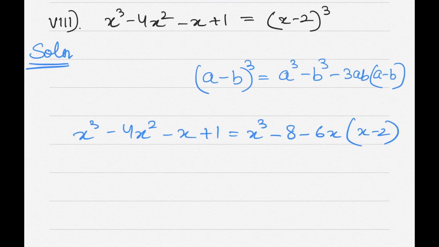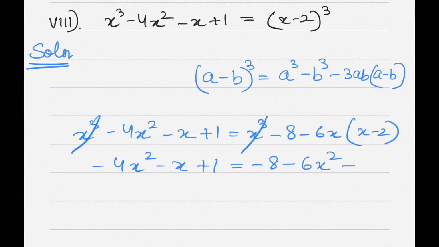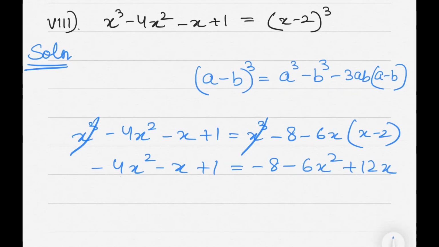So now this x cube will get cancelled, and I can bring everything on one side. So first solve it. So minus 4x square minus x plus 1 is equal to minus 8 minus 6x square plus 12x. Now I can bring everything on the left hand side, because my minus 6x square will become positive, so everything will be positive.